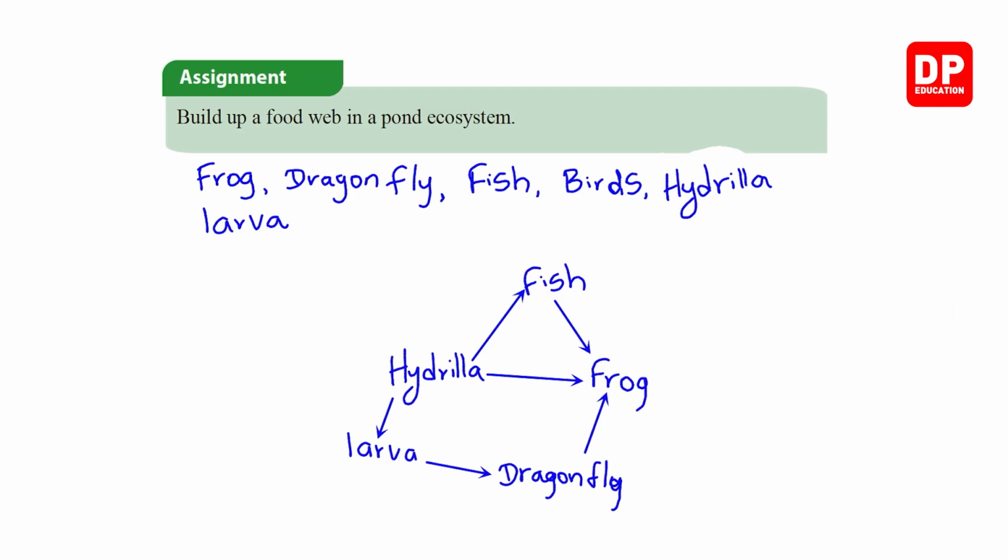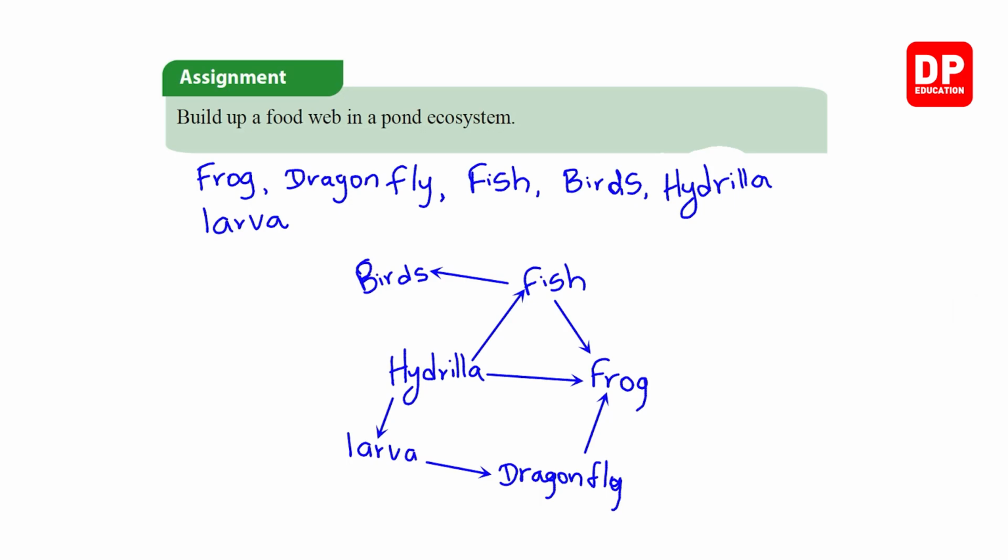Then my dear children, I'll take the birds. So over here, you can observe birds. So different kinds of birds consume fish. Then once again, who are the others? 1, 2, 3, 4, 5, 6.